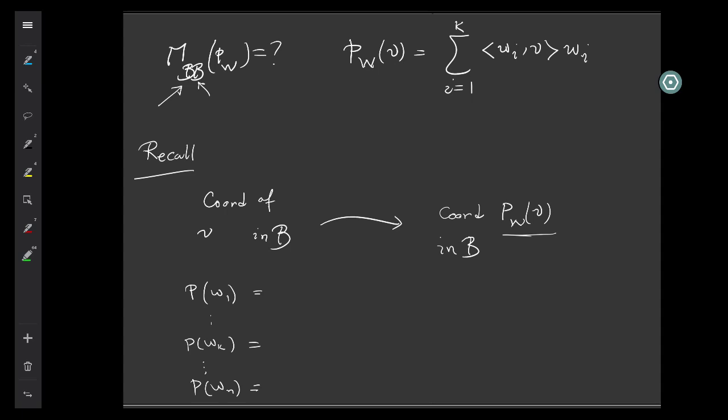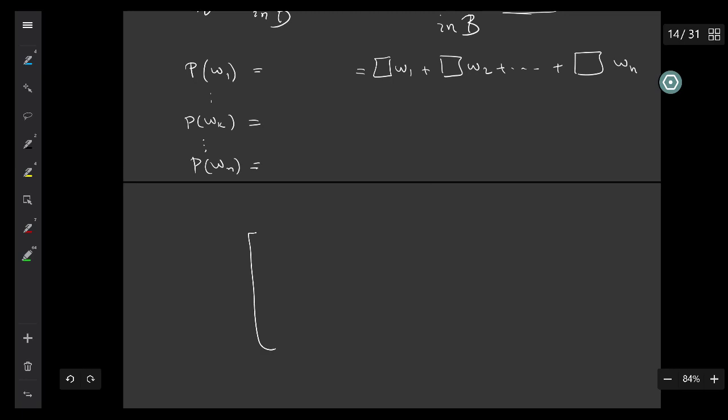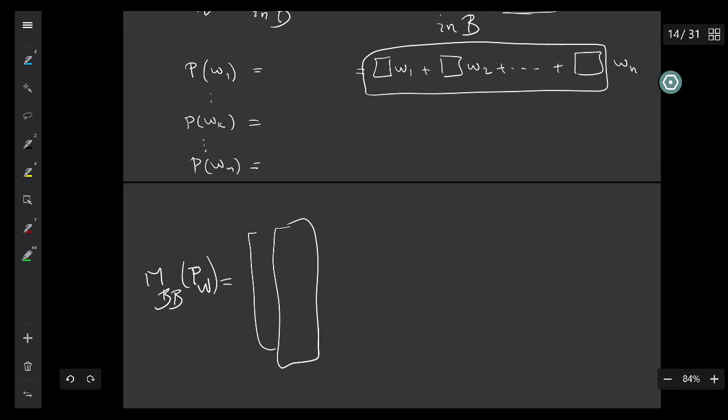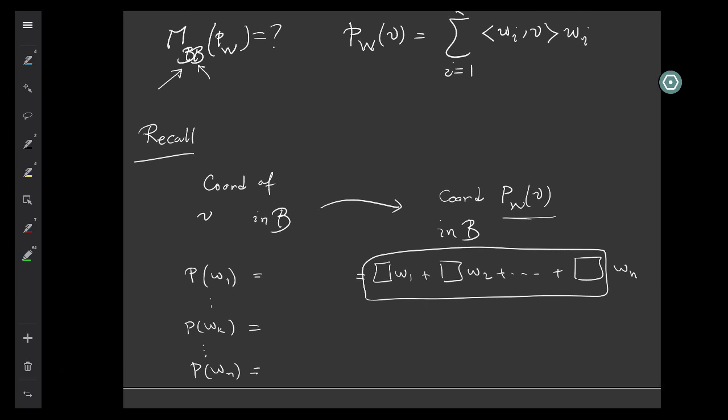So if this is equal to something in terms of W1, W2, through Wn, then we put these coefficients as the first column of M_BB of Pw. But it's easy to see that by definition, this is equal to W1, and this is Wk, and then the rest is 0.